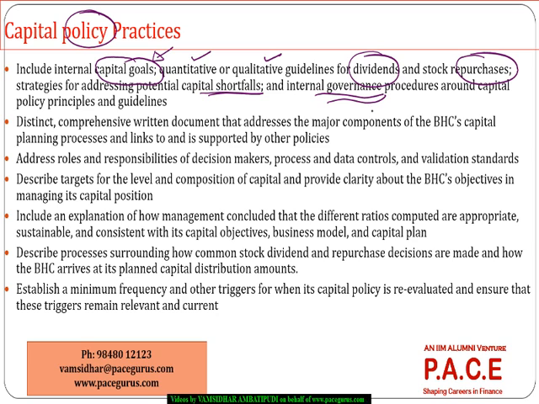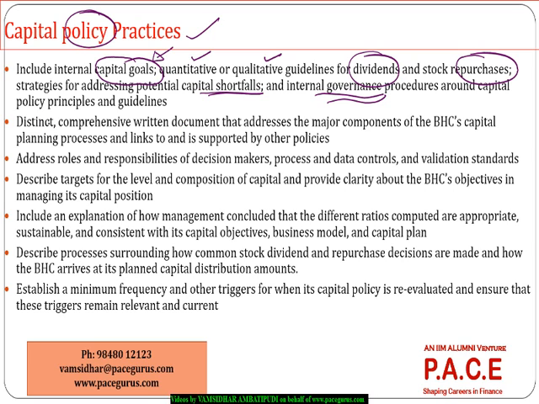Internal governance procedures. What is the level of internal corporate governance procedures that are in place regarding the capital policy? What are the guidelines that are driving it? All these things form a part of the capital policy practices.